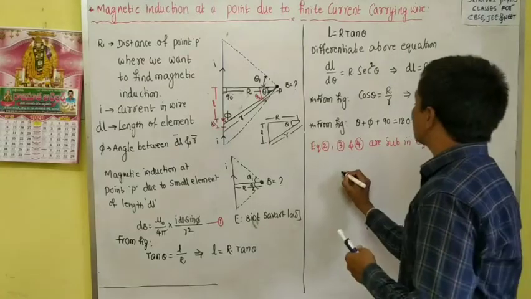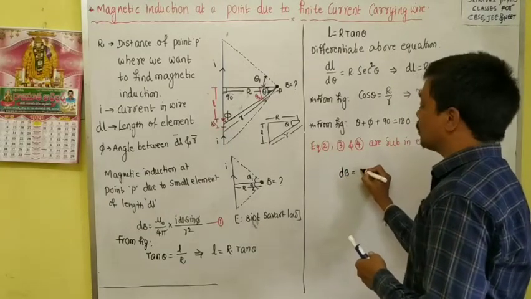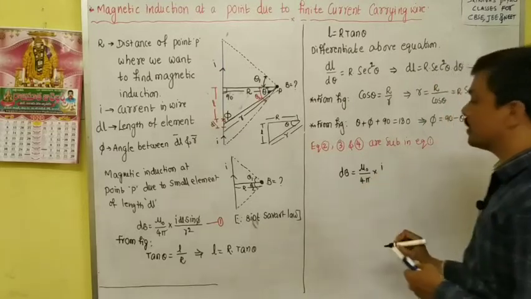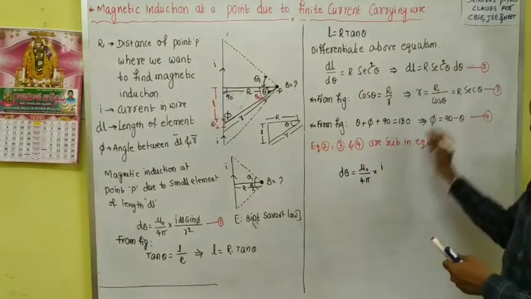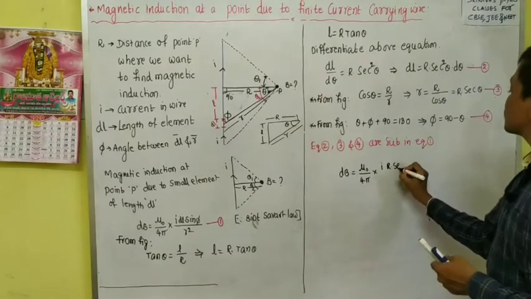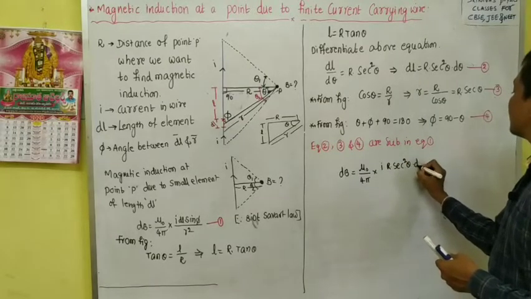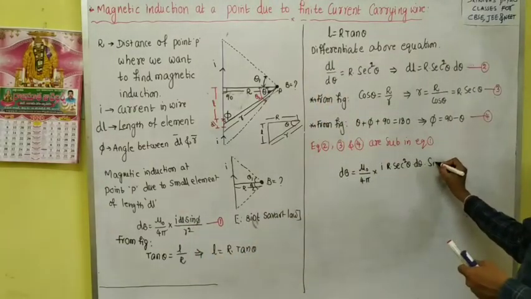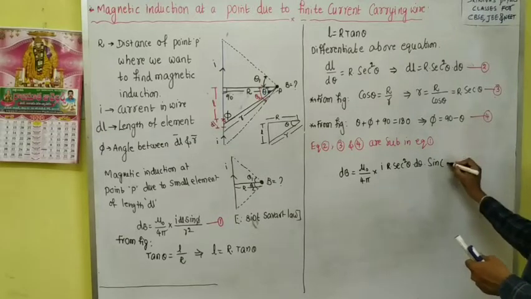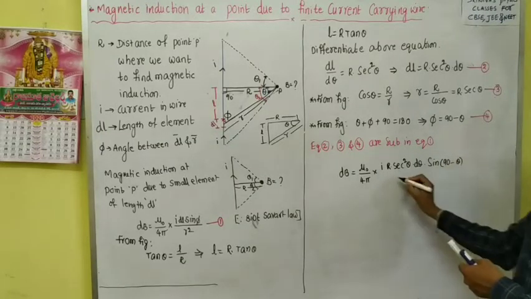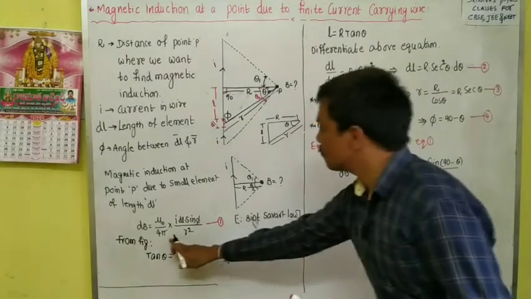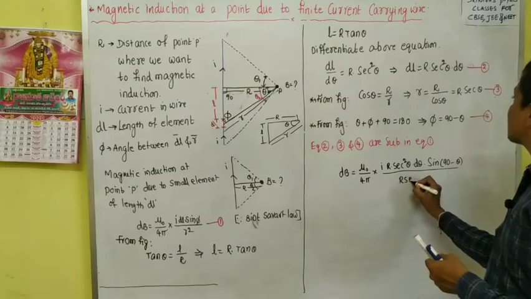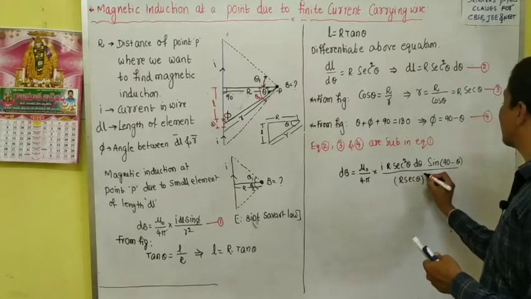Then dB is equal to nu naught by 4 pi into I, dl is r sec square theta d theta, into sin phi, which we write as sin of 90 minus theta, by 4 pi, this is small r square. Small r is capital R sec theta, whole square.